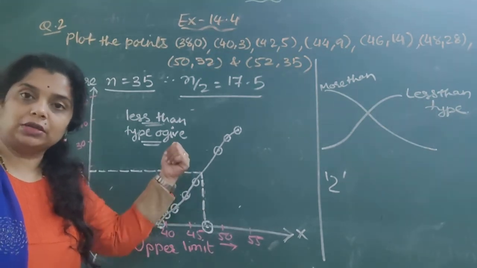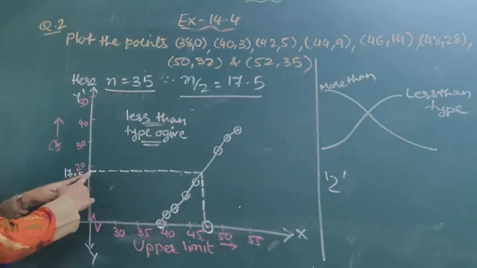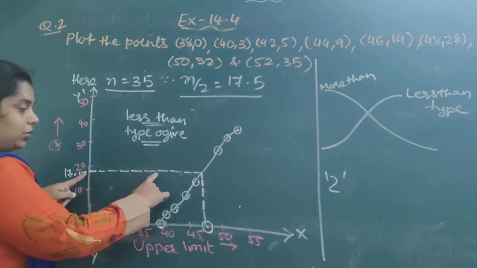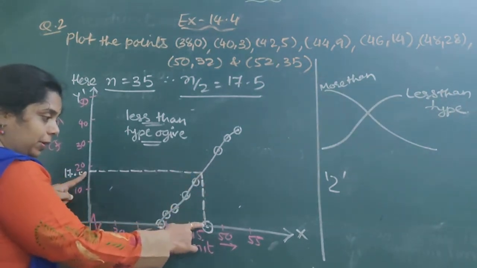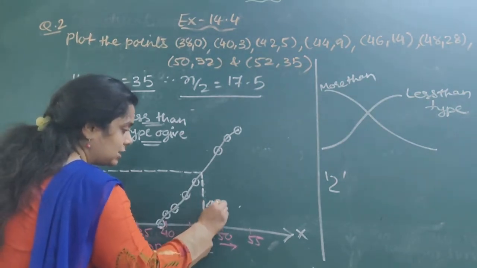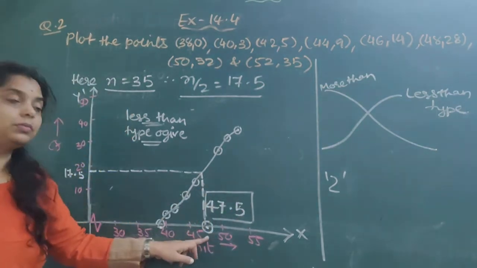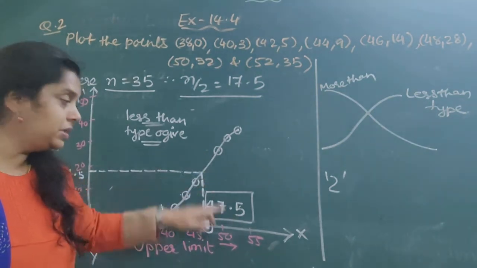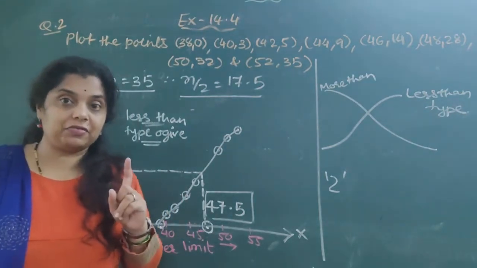But for the given distribution table, n by 2 is 17.5. So here I have already drawn the lines, and this value is 47.5. So we can say that for the less than type Ojive, the median is 47.5 by graph.